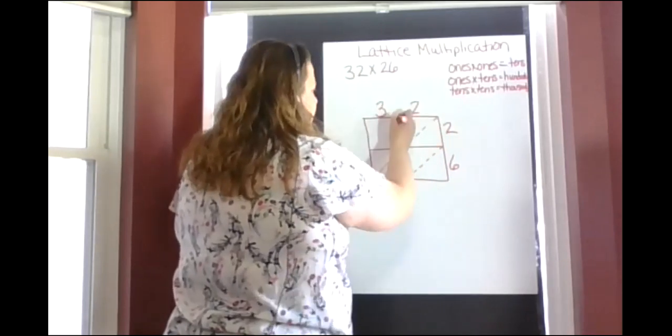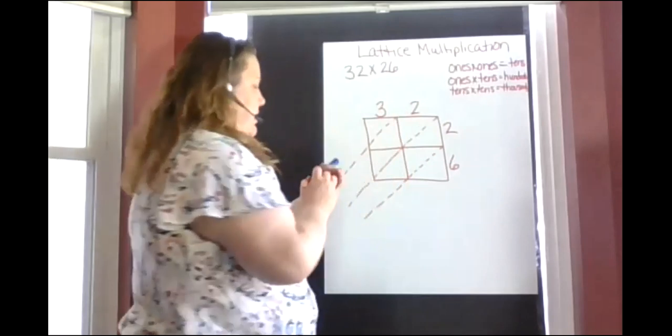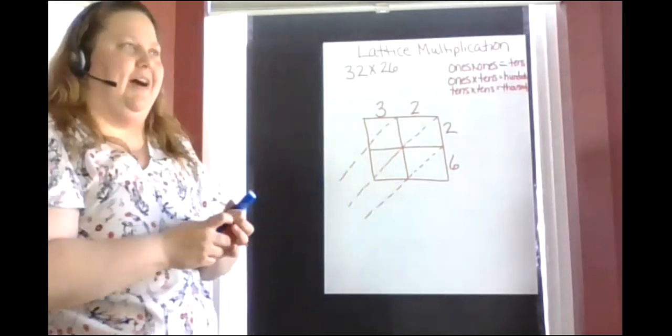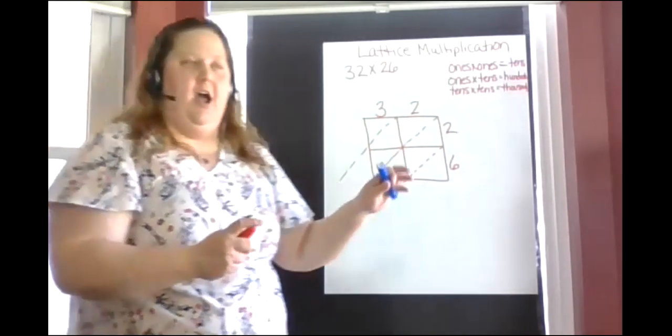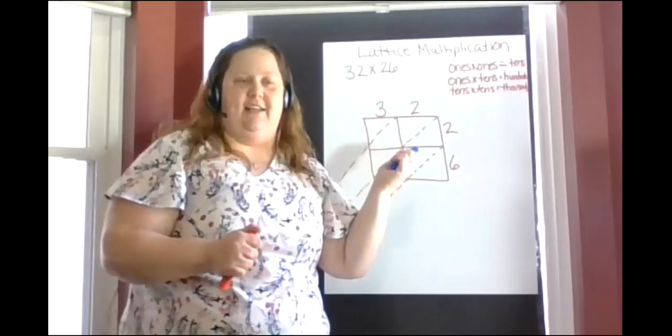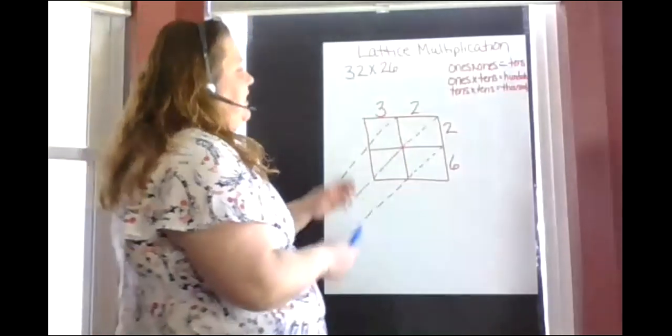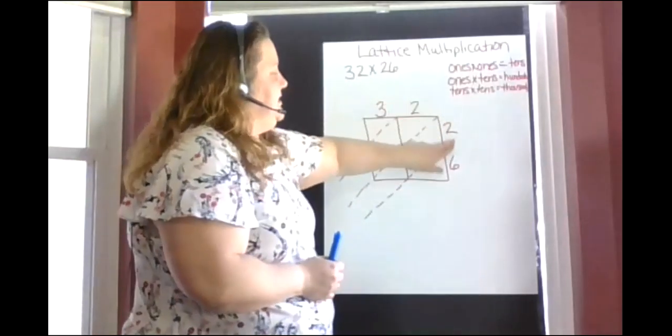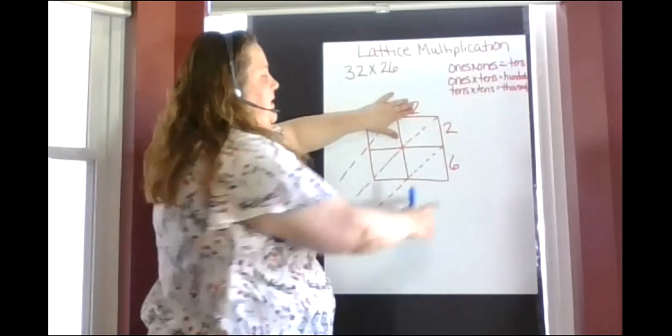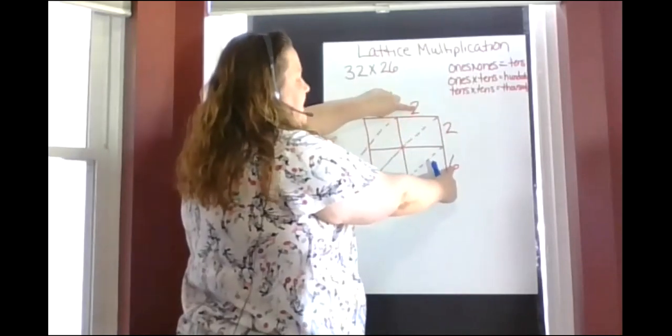And students who really succeed well in this lattice multiplication are so quick and can do it as fast this way as students who do standard algorithm. When we look at this number, 32 times 26, 2 and 6, these are our ones digits.